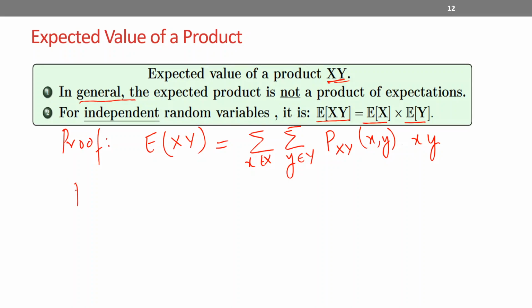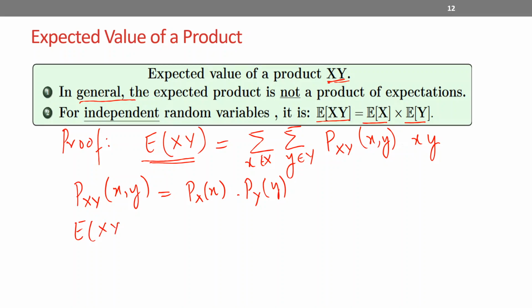By the assumption of independence, we can say that this joint PDF is equal to the product of the marginals. This is known from prior knowledge: if X and Y are independent, this condition holds. So we can substitute that in this equation. We get the expectation of XY is the sum over x in X of p_X(x) times x, and I'm just rearranging terms, and then the summation over y in Y of p_Y(y) times y.